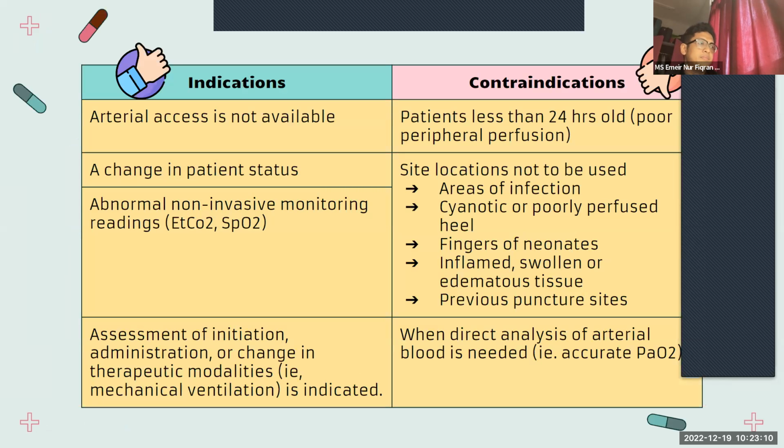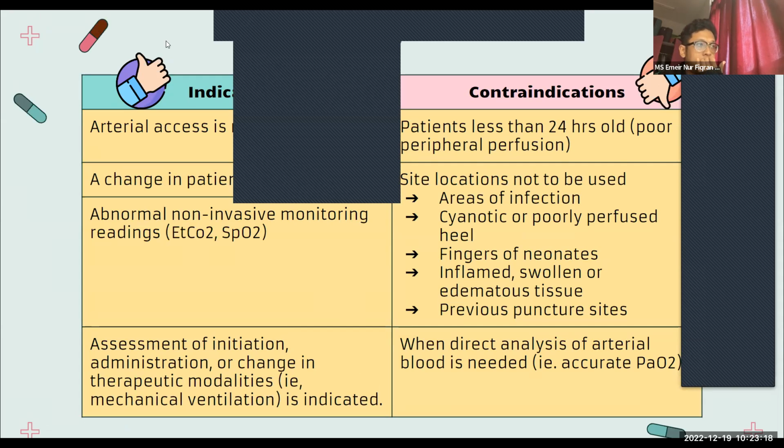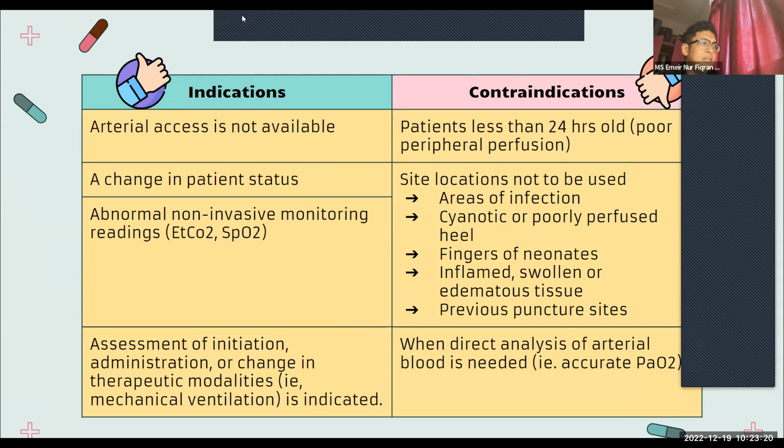Continue. So these are the indications as well as contraindications of capillary blood gas sampling. Firstly, it is indicated when arterial blood gas analysis is indicated but arterial access is not available. Second, when history and physical assessment show a change in the patient's status.